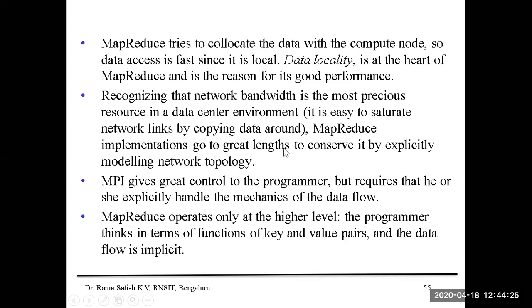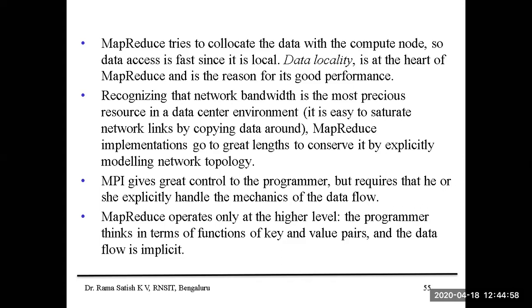MapReduce operates only at a higher level. The programmer thinks in terms of functions of key and value pairs. So what is there in a MapReduce program? Finally, a MapReduce program is a program. Normally, we write it with key and value pairs, and the data flow is implicit, controlled by the internal components.